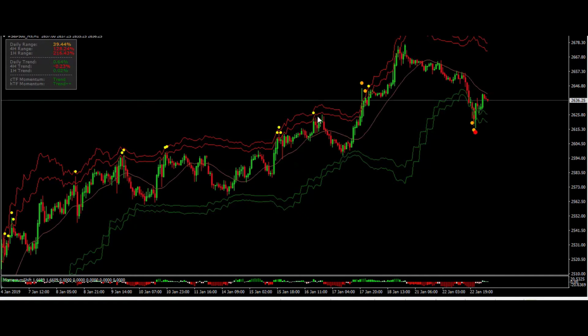The same, or vice versa, would be true for when price is touching the green bands that are situated down under over here. Whenever price is near or is touching the first of these moving averages here, these will imply oversold conditions.